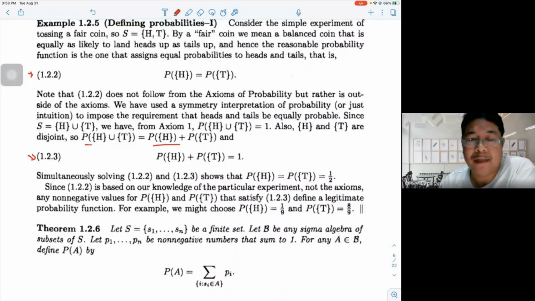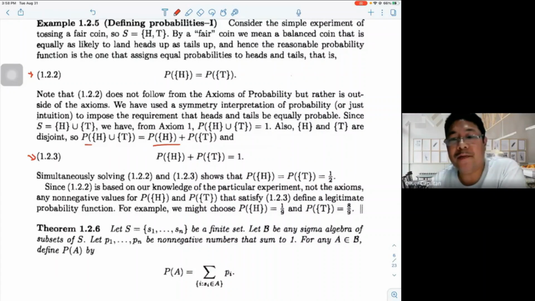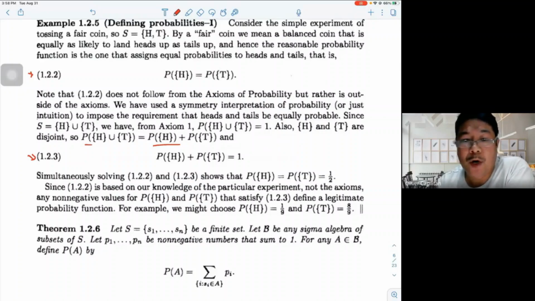Okay lang. Okay, so this is for the case when we have a fair coin. But if we do not have a fair coin, then we can still define our probability P based on our axioms.